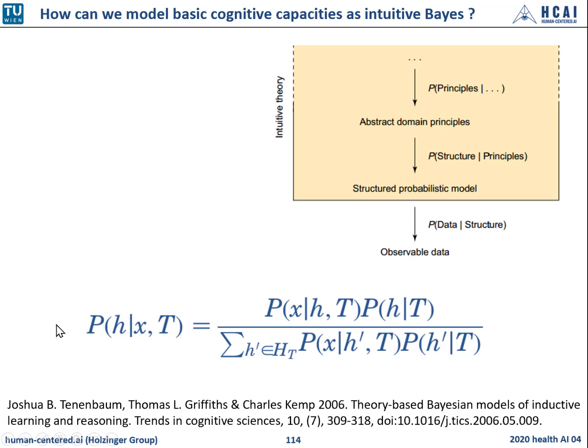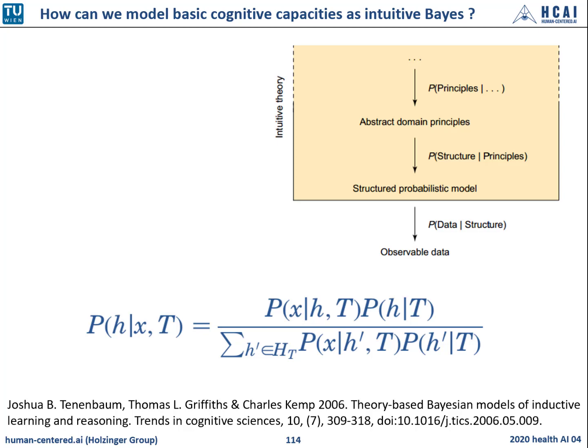But you can now infer the posterior probability, and this theory-based Bayesian framework, as it is called, provides a formal means to address fundamental questions about human cognition. So, for example, to answer questions of human knowledge at multiple levels of abstraction.